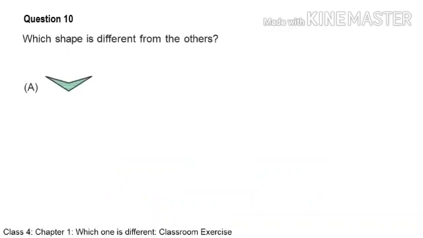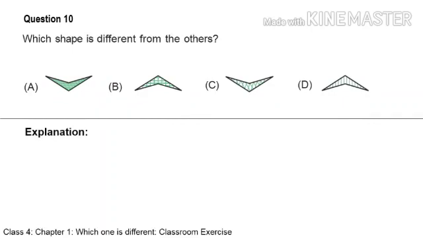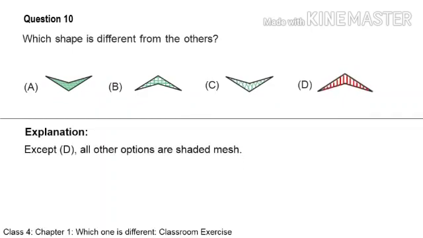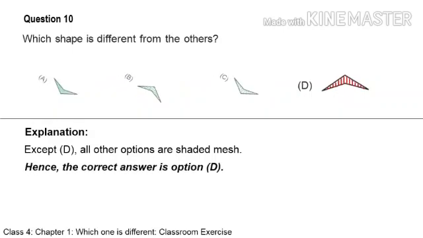Is it option A, B, C or D? Except option D, all others are shaded mesh. Hence, the correct answer is option D.